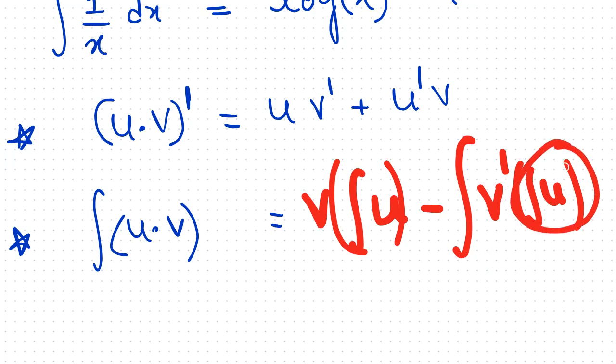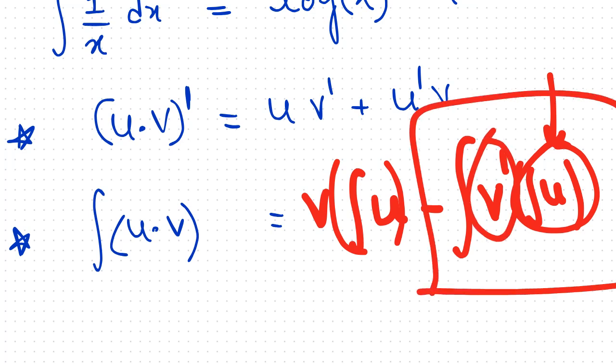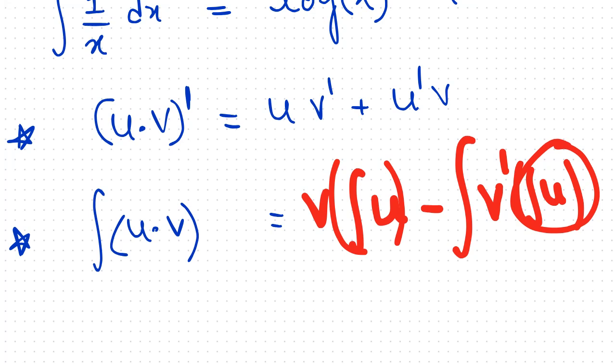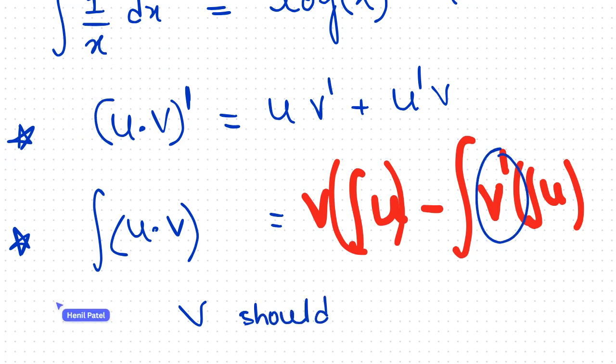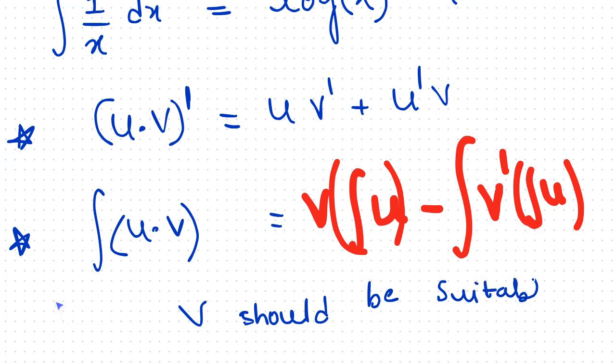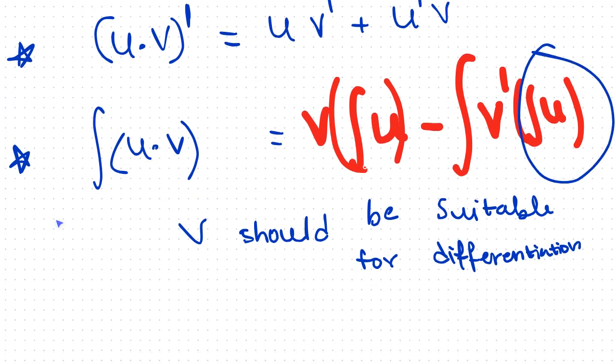When you solve this value, you have to multiply with this and then take the overall integration. So v should be suitable for differentiation because we are differentiating this, right? And u should be suitable for integration.